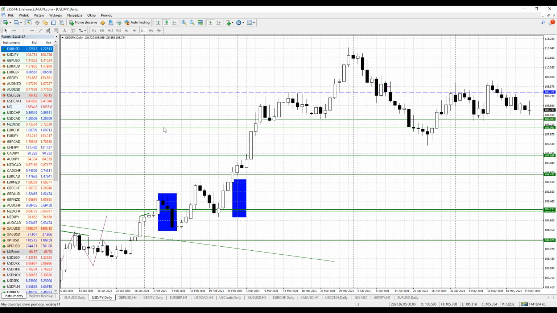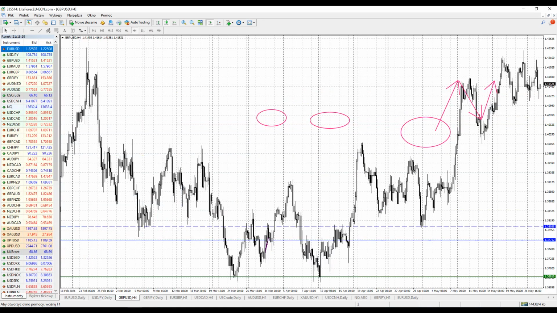For example, dollar yen on the daily chart, we've been creating the support around 108.40, right? Then break to the downside with the quick move back above, retest, and attempt to continue higher. Very similar situation when it comes to the cable. All right.